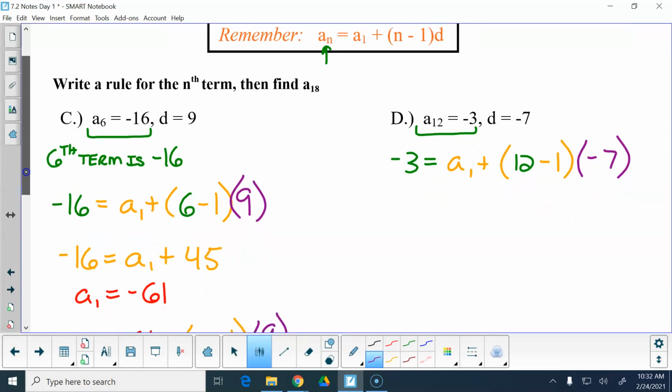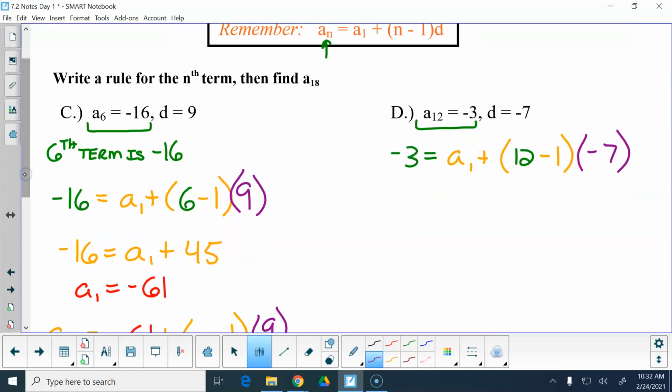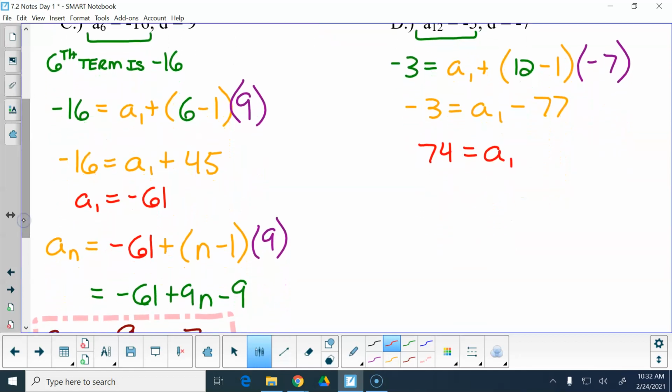So, doing that, 12 minus 1 is 11. 11 times negative 7 is negative 77. So negative 3 is equal to a sub 1 minus 77. Add 77 to both sides, and I get 74 as my first term. If 74 is my first term, then I can reuse my rule.